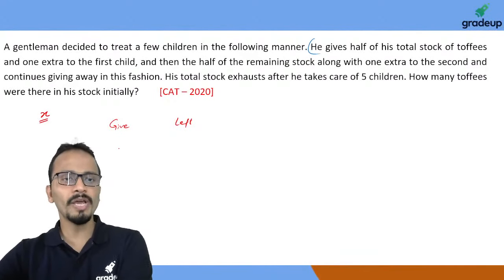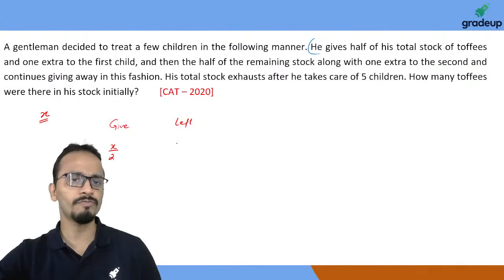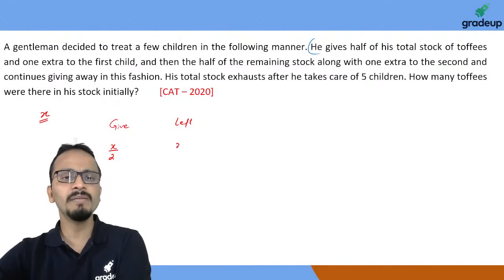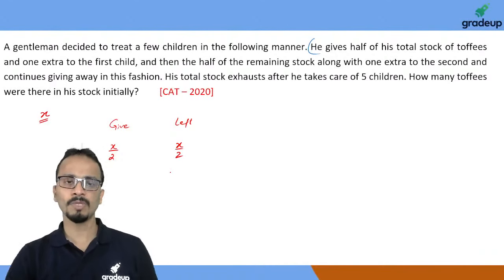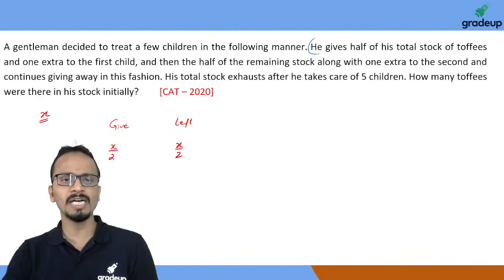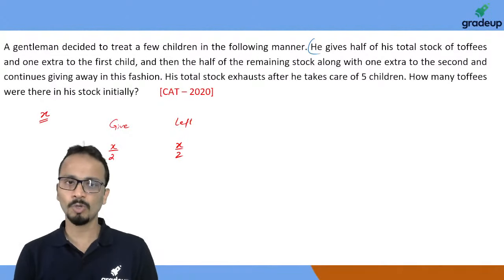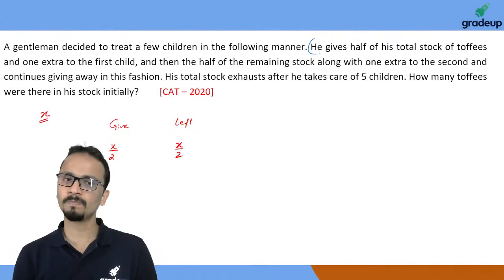If he gives half of his stock, then obviously he'll be left with half of the original stock. अगर उसने half stock दे दिया है तो उसके पास कितना stock बचेगा? He'll be left with half of the stock. So if he has given x by 2, he will be left with x by 2.